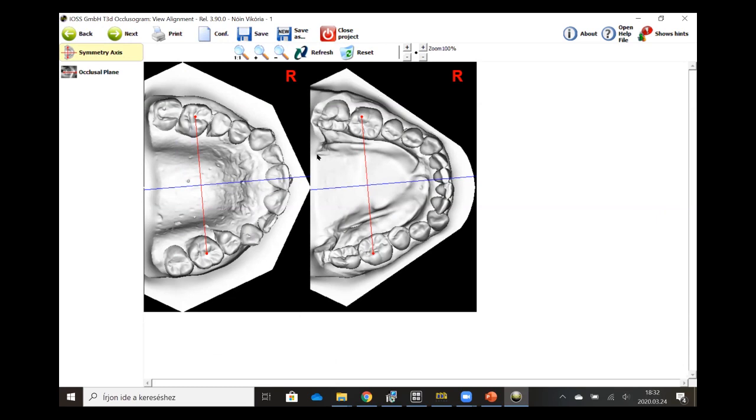So if the molars are perfectly symmetrical, you see, I'm just centering this. This means they are perfectly symmetrical. Is your midline position here consistent with this symmetry line? Here, for example, I see the upper midline, which is deviated from the symmetry axis. Maybe this is 3 millimeters.